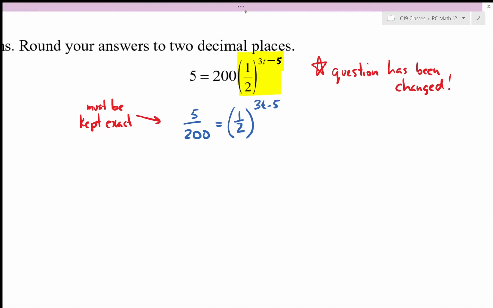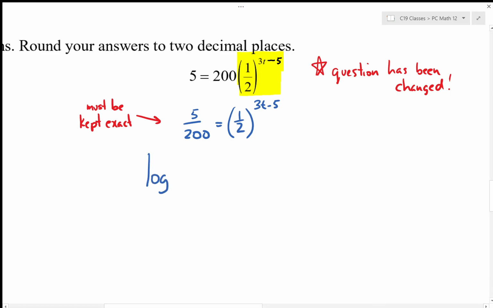Now the second thing was I taught you how to change form. Change form was a very handy thing. What we do is we write log. The base that was on the other side, which is half, becomes the base of the logarithm. And then we have 5 over 200 is equal to 3t minus 5, which now drops down. There were different ways that I showed you by logging both sides, but this is the easiest way to remember.